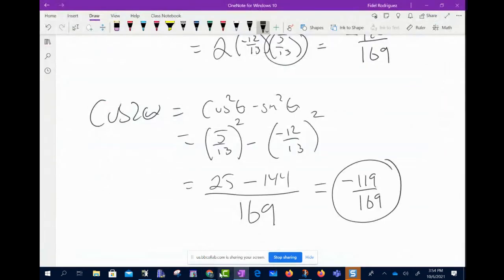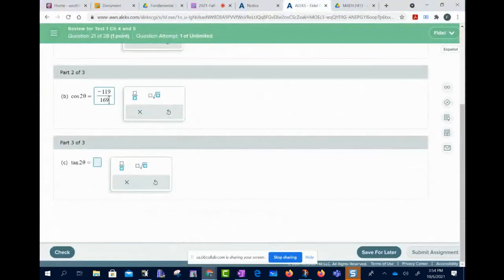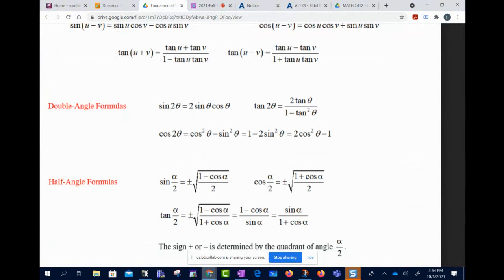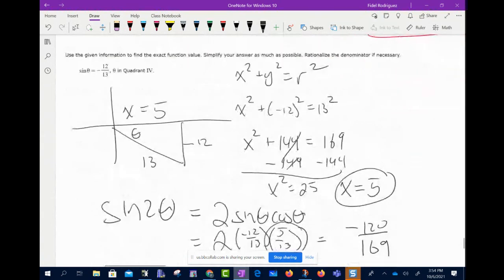We have to do the tangent of 2 theta. Look at the tangent 2 theta formula right there: 2 tangent theta over 1 minus tangent squared theta. Let me come back so we can look at our picture.